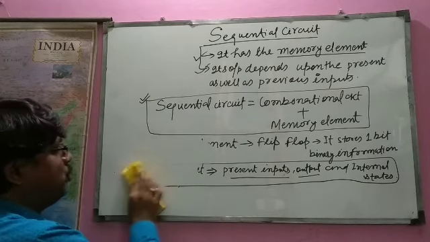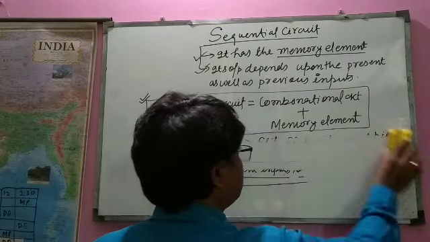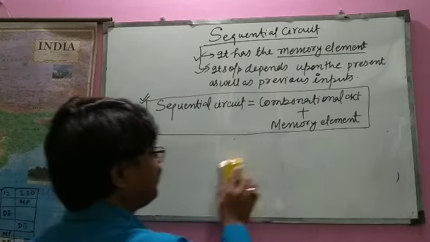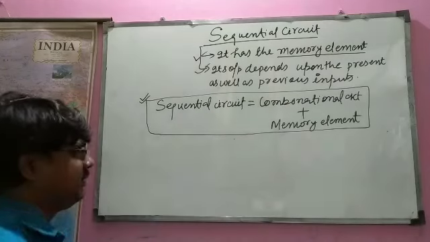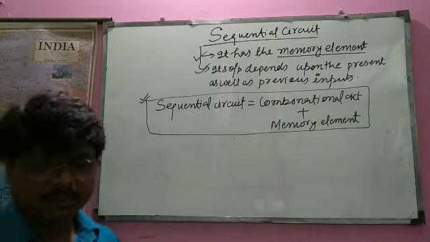Now we will see the block diagram. As I told you, a sequential circuit is nothing but the combination of combinational circuit plus memory element.